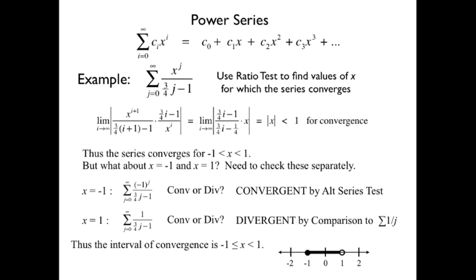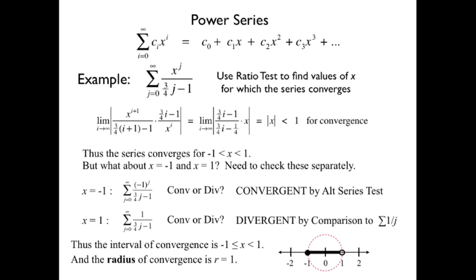So the center of the interval is 0, and the radius of convergence is 1 in this case, because it's how far from 0 out to the ends of the interval.